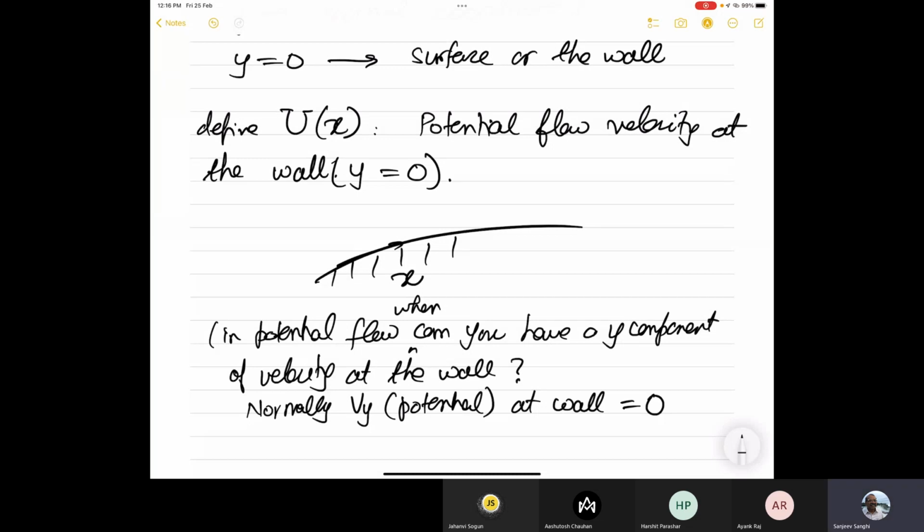In a viscous flow, we know it has to be zero. What about potential flow? Am I connected? Am I with you or no? Yes, yes. Yes, so tell me, ask. If potential flow is near the wall, can the velocity at the wall be non-zero? Can the velocity be non-zero at the wall?